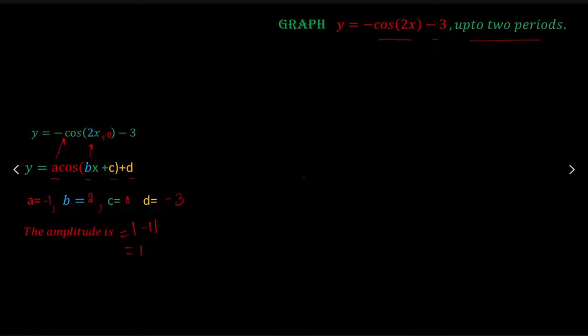We'll look at that when we do the graph. Lastly, the period. The period is 2 pi divided by the absolute value of b. That means you're going to write 2 pi divided by 2, which is equal to pi.